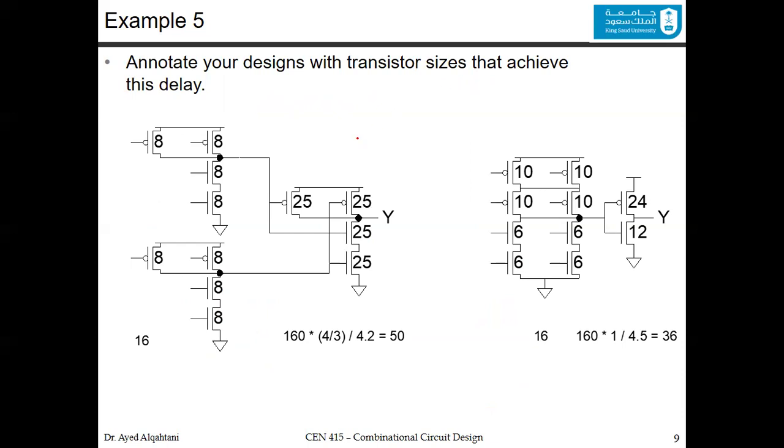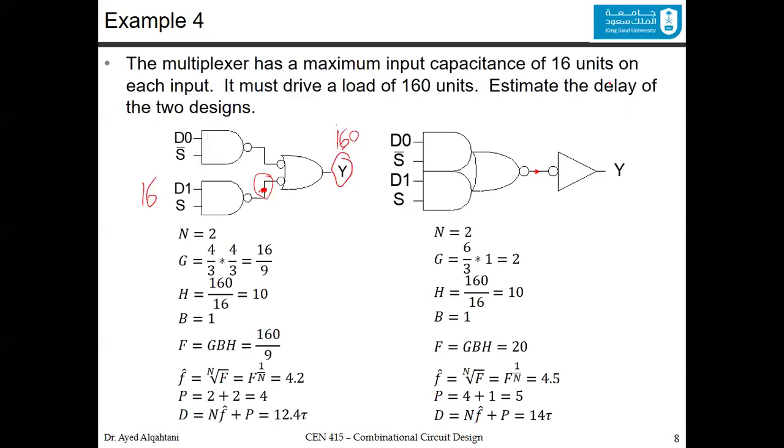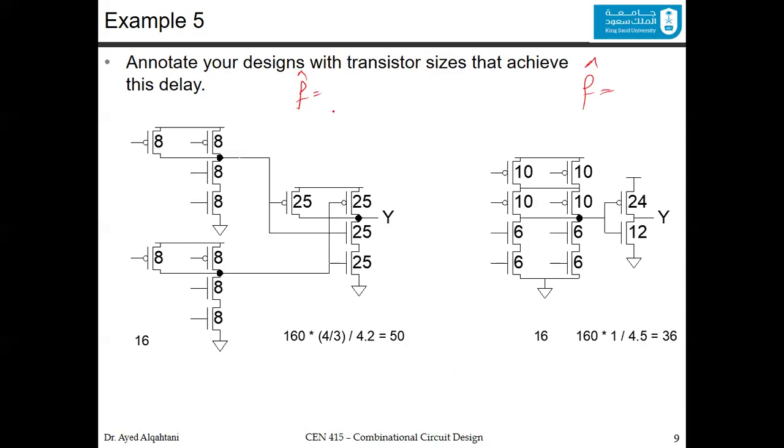So basically, we know our F hat in this design and F hat in this design, because we will divide by that. So it's 4.2, and we have 4.5. This is 4.2, and here 4.5. So what to do is going back from here, the 160, the capacitance at the output, you multiply by the logical effort of the NAND, which is 4/3, and then you divide by 4.2, which is the F hat, and you get 50.